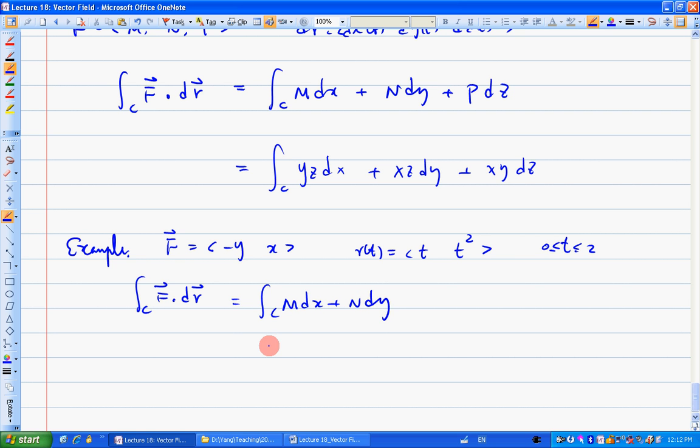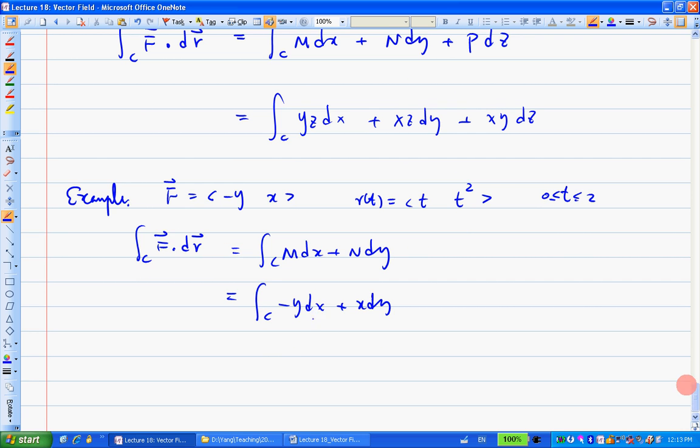Okay? So if you plug in the value, negative y dx plus x dy, like this, right? But you're not integrating with respect to x and y. So what's going on next is, you're going to replace this y with t squared. And then you're going to take this differential dx, which is basically this quantity here.